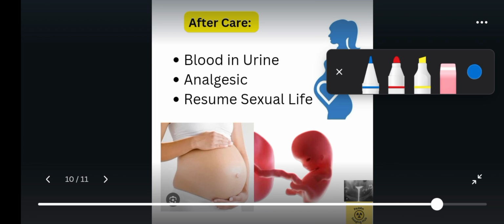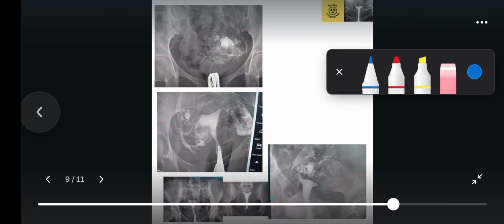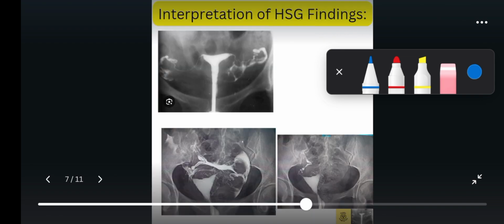So after HSG, research shows that there is an increase in chances of patients becoming pregnant. So let's look at some of the images to see what we normally see from HSG examination.